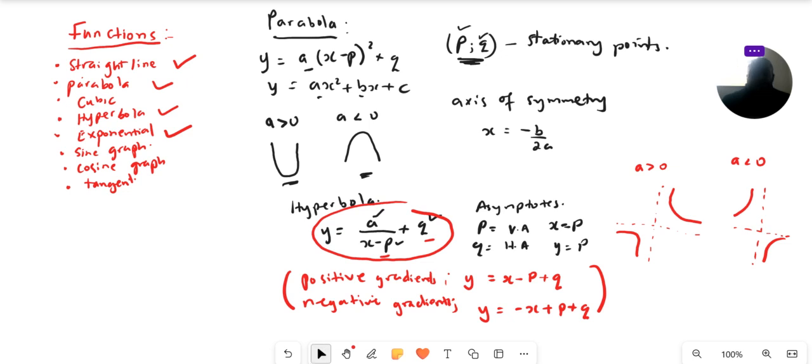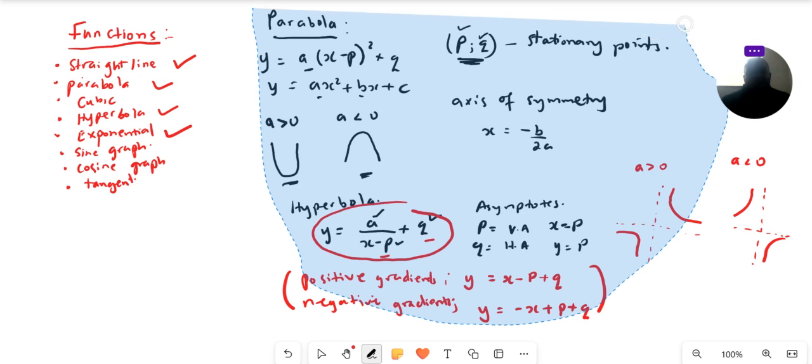Yes, allow me to clean this so that we can look at the hyperbola, the exponential functions. If you want to take notes, it's better you pause the videos and then take the notes.